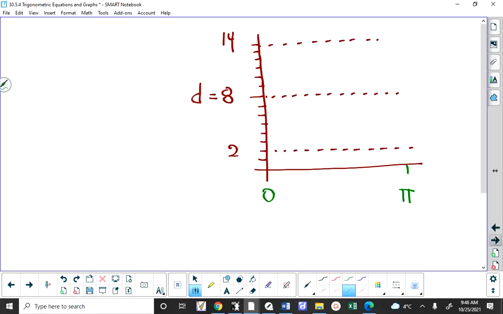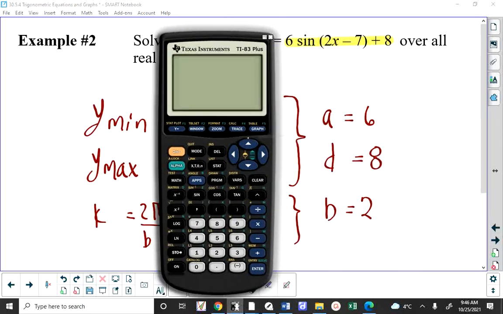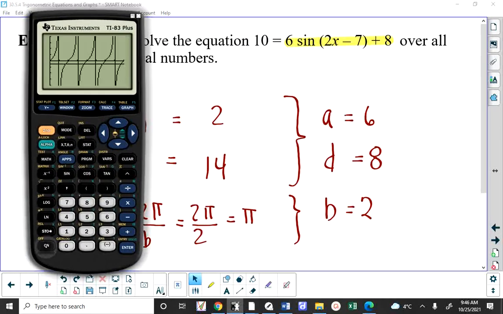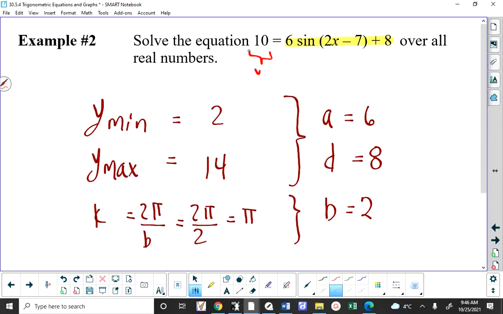Okay? So now that we've done the prep work here, we can go into our calculator and enter the function on the right. So I'm not using x-intercepts. I'm going to be using intersection of y1 and y2. And I hope you're aware of this.